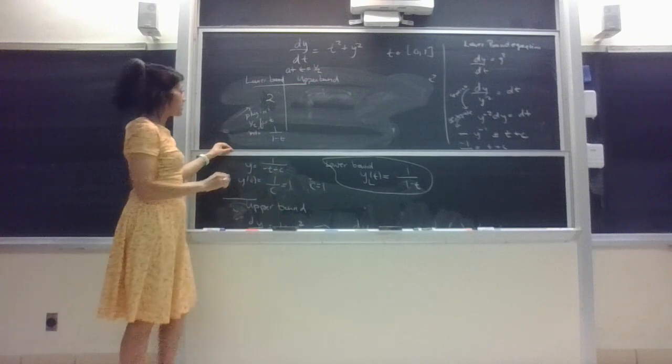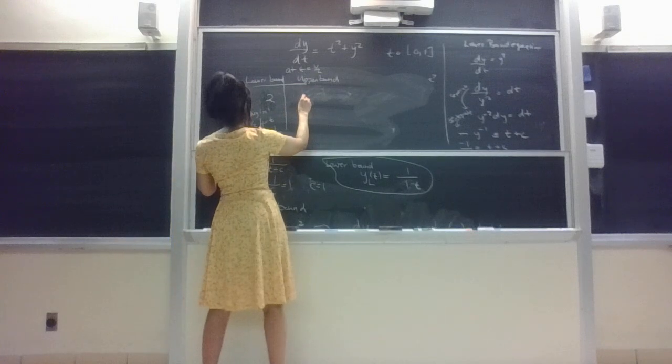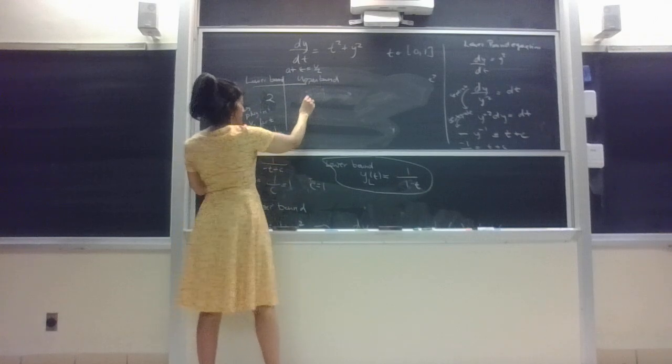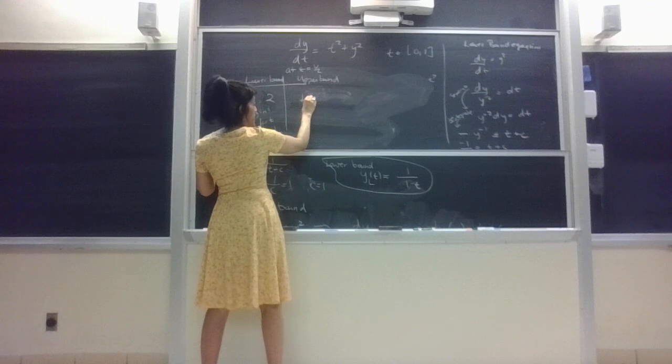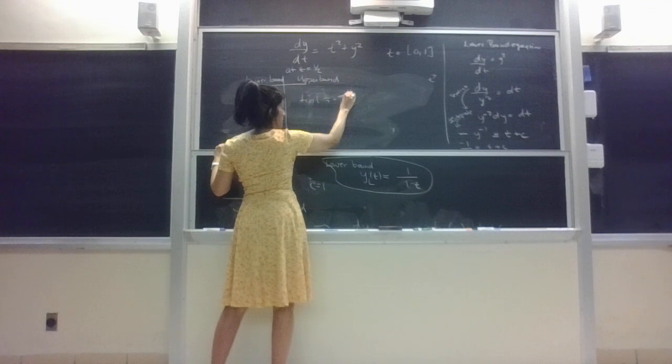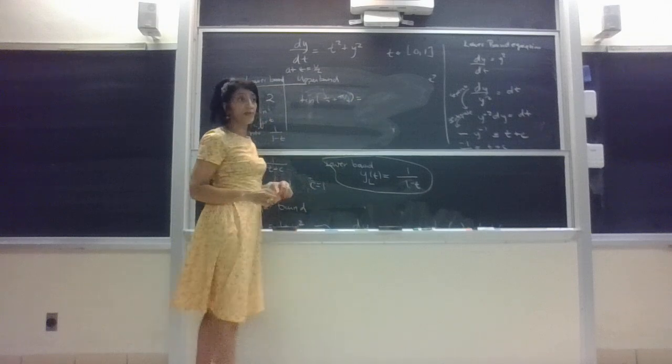And then the upper bound, I'm going to use mathematics, because I can't go in with my computer. If I put in tangent of 1/2 plus pi over 4, I get something.